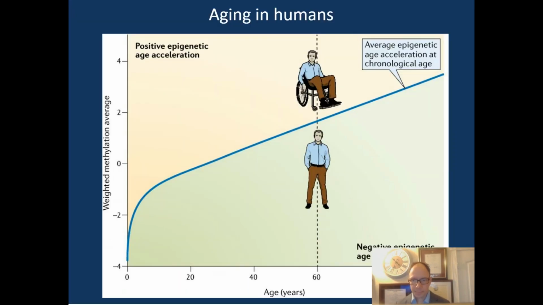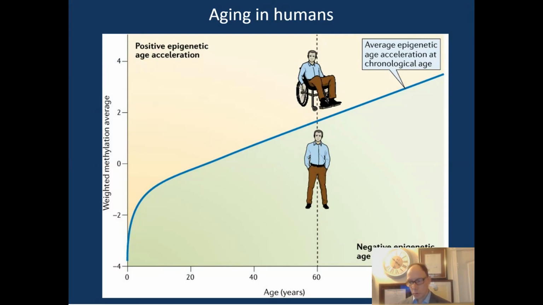Now, in general, epigenetic clocks allow you to create a curve, here indicated in blue, a line that indicates the expected age.